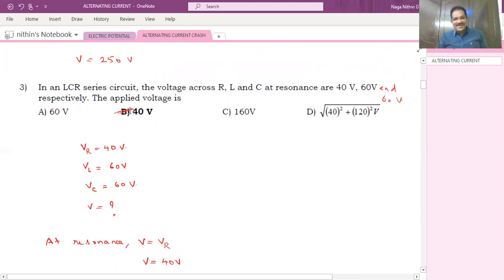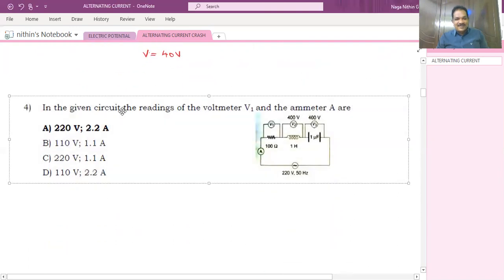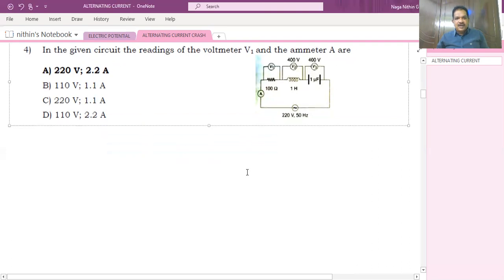You can identify. Next, what they are asking, see, in the given circuit, the reading of the voltmeter and ammeter are? This is the inductor, this is the capacitor. The PD across the inductor and capacitor are both the same, 400 volt, 400 volt, which means the circuit is in resonance.